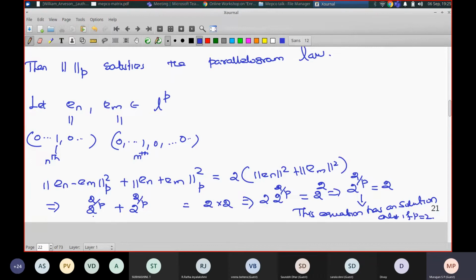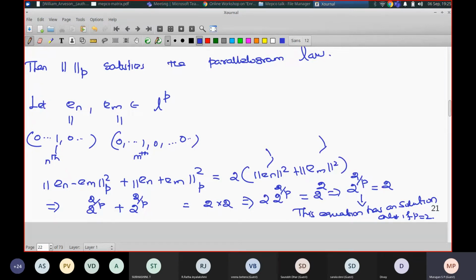This is nothing but 2 power 2 by p, by 2 plus 2 power 2 by p, by 2, right? On the right hand side, what is the norm of en and em? This is 1 and this is also 1. So here it's 2 times 2, 4. Right? So I have the further simplification, 2 times 2 power 2 by p.